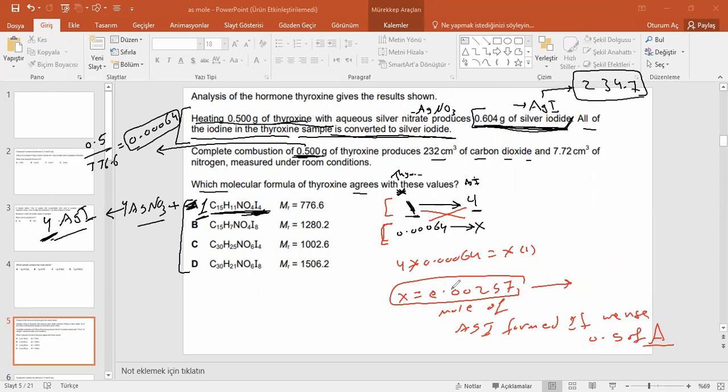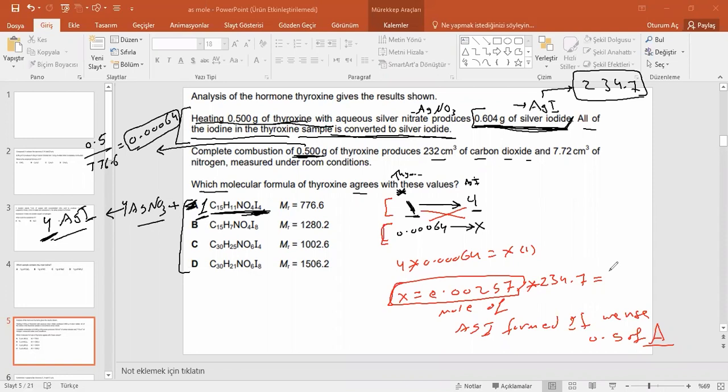If we want to convert moles to grams, we should multiply by the molar mass to find the mass. So the molar mass of AgI is 234.7, and this will be the answer here. The mass that we will get from this equation is, just 1 second, let me use my calculator.